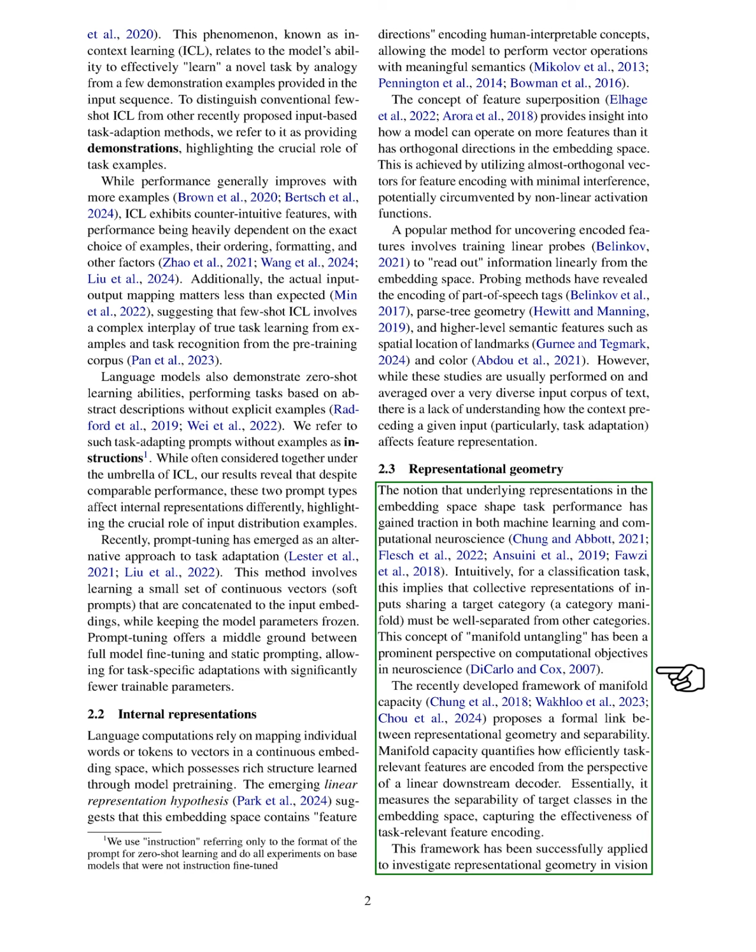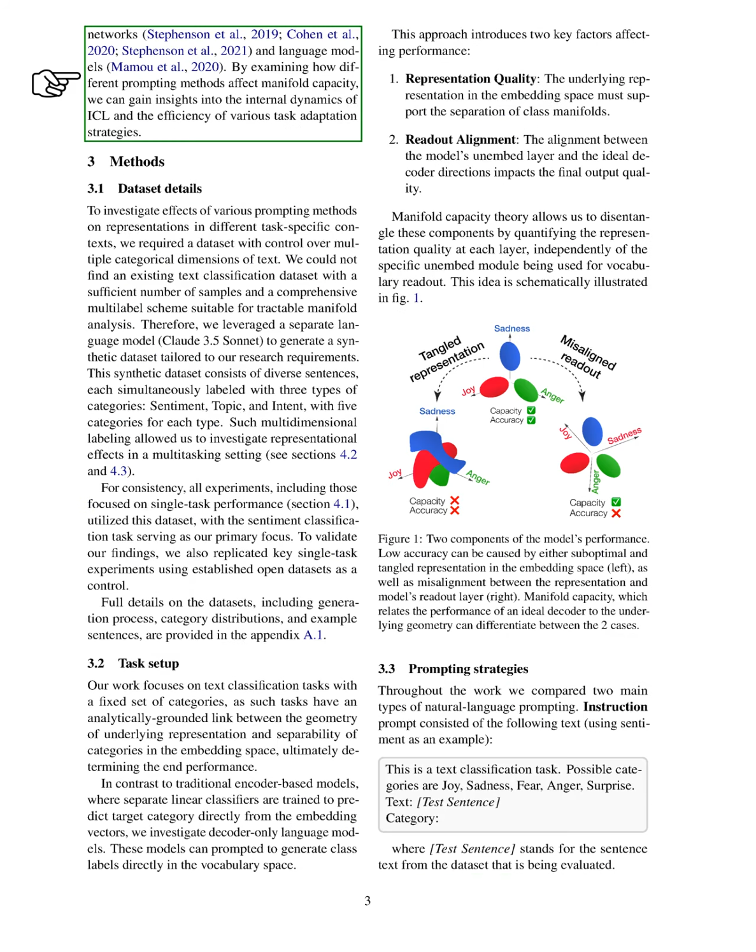The concept of manifold entangling has been a key idea in neuroscience. The manifold capacity framework provides a formal connection between the geometry of representations and their separability, measuring how effectively task-relevant features are encoded. By examining how different prompting methods impact manifold capacity, we can gain valuable insights into the internal dynamics of ICL and the effectiveness of various task adaptation strategies.